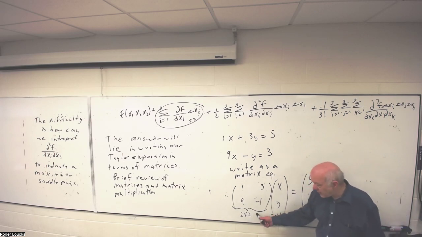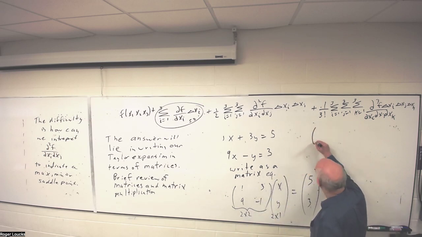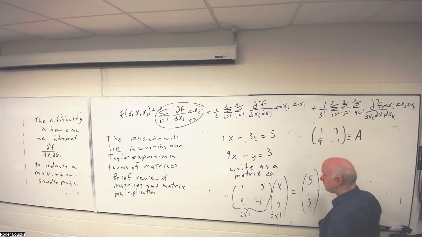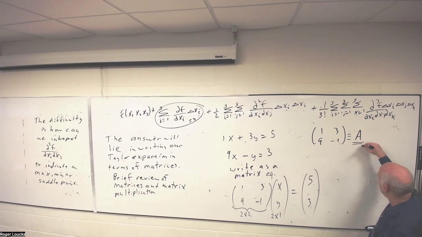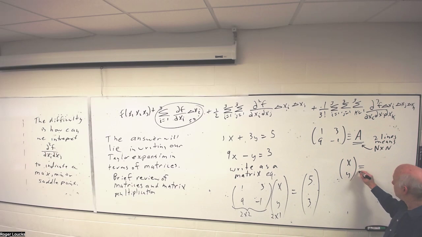What I'm going to do is, any type of n by n matrix, I'm going to put 2 lines under it. So I'm going to define this guy here, I'll call this A, and I'll put 2 lines under it. So 2 lines being n by n. If I have then this guy here, this X and Y, I'll denote this to be R and I'll put a bar under it. 1 line means n by 1.